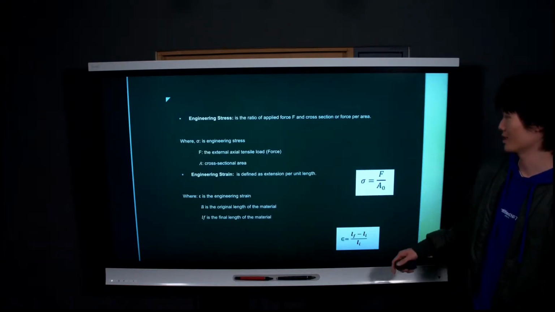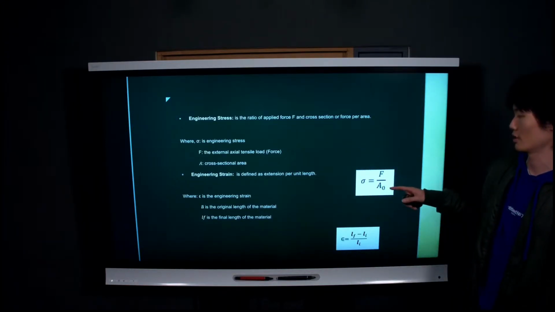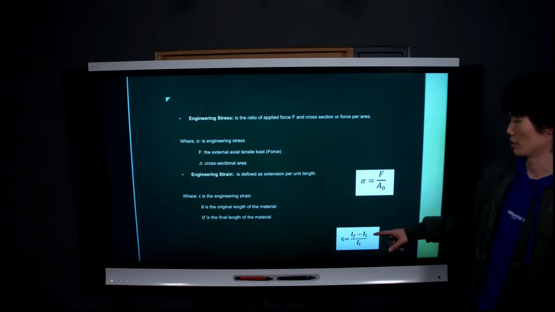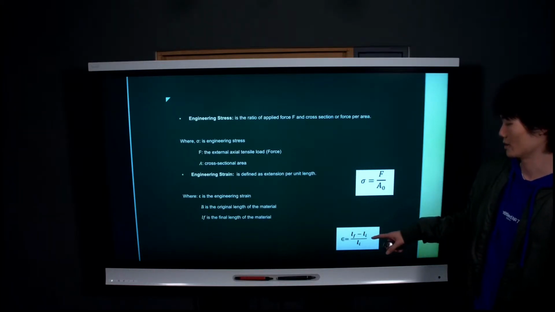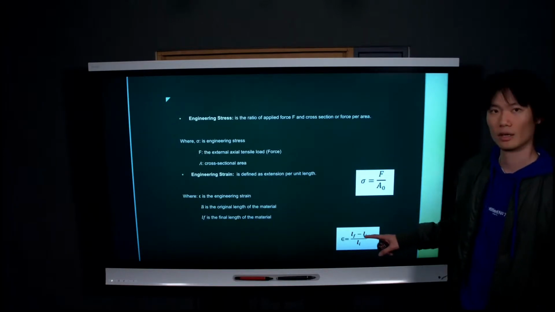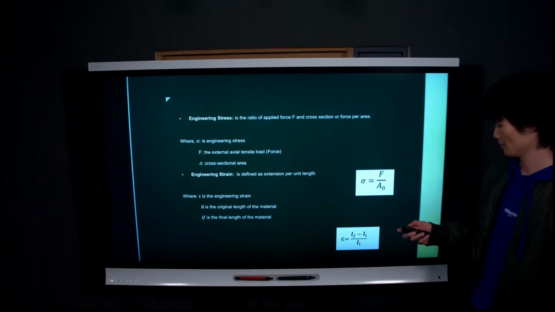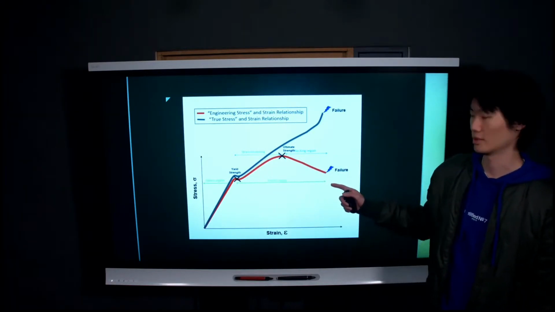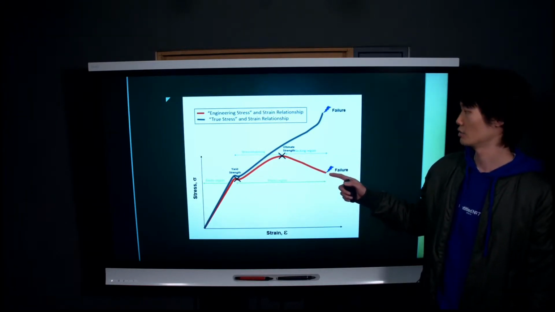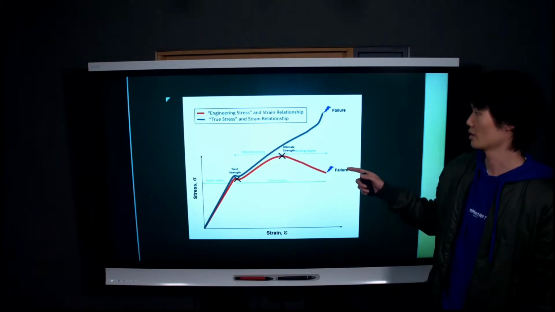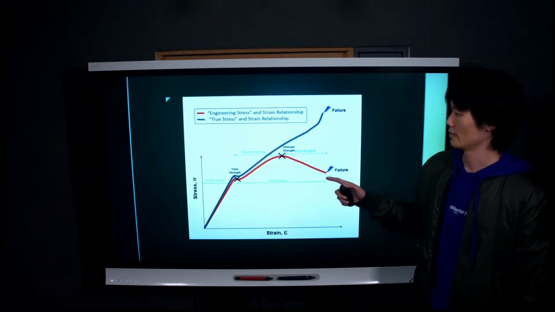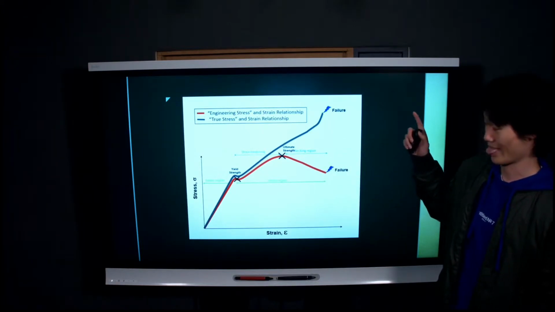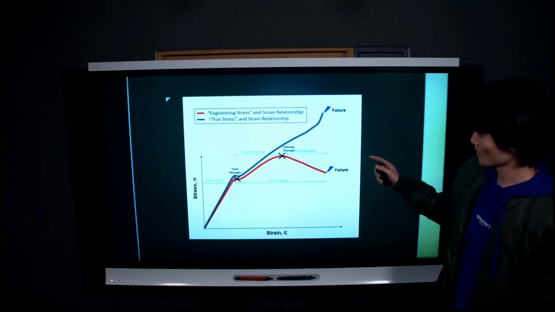Engineering stress is force over the original cross-sectional area, and engineering strain is the change in length over the original length. In this graph, the red line shows the engineering stress-strain curve, and the blue line is the true stress-strain curve.